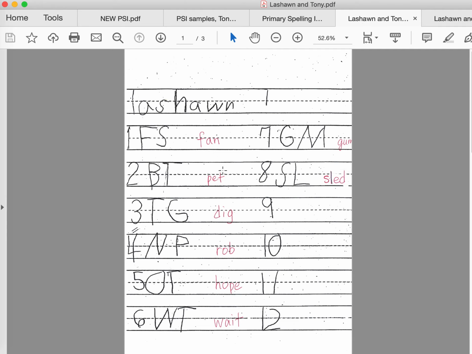As you can see, after LaShawn finished spelling the PSI words, the correct spellings for each word that LaShawn misspelled were written by the teacher next to each word in red. By doing this, it's easy for the teacher to get a quick count of how many words he spelled correctly, which will equate to LaShawn's power score. LaShawn spelled 0 words correctly, so his power score is 0.